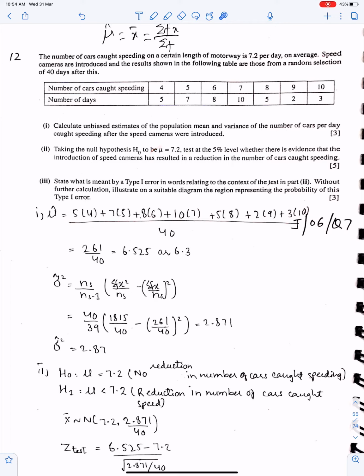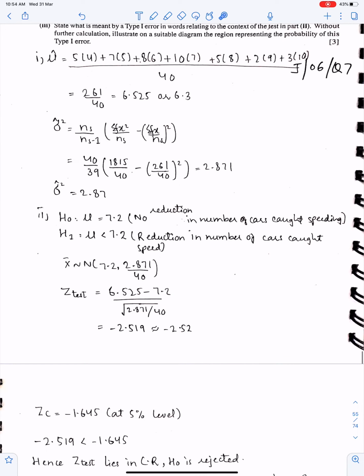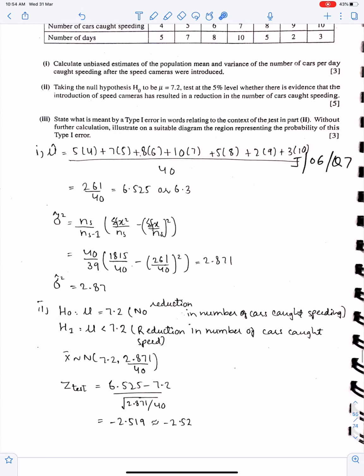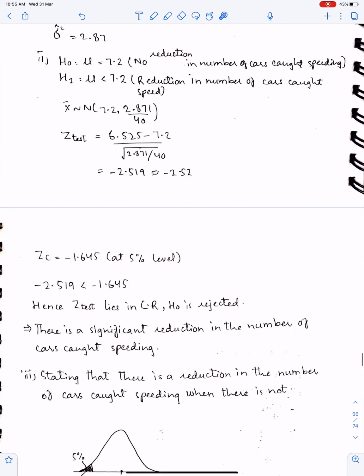Null hypothesis: this has a reduction, meaning a less than sign in H1. So check this test value. When you check this, it is minus 2.519 and the Z critical is minus 1.645. So this lies in the critical region.